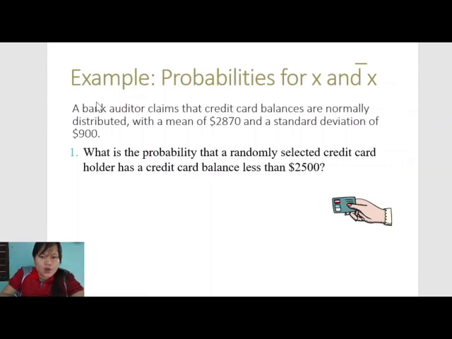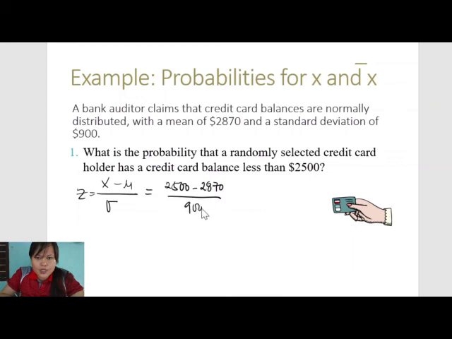Okay, so compute natin. So we have Z is equal to X minus mu over standard deviation. Okay, X ay 2,500 minus the mean na 2870 over 900.